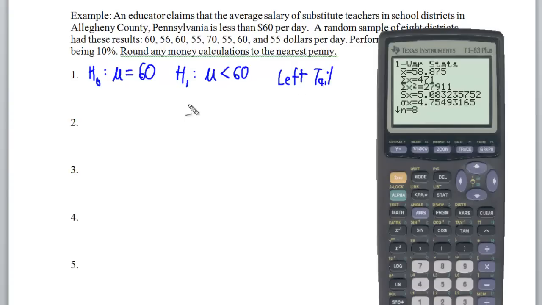Being that this is a left-tailed test, and this being 10%, you're going to find that this is pretty loose in terms of your numbers. So what we're going to do here is put down our alpha being 10%, 0.10, and our degrees of freedom is going to be 7, because we only had 8 pieces of data, so 8 minus 1 is 7.